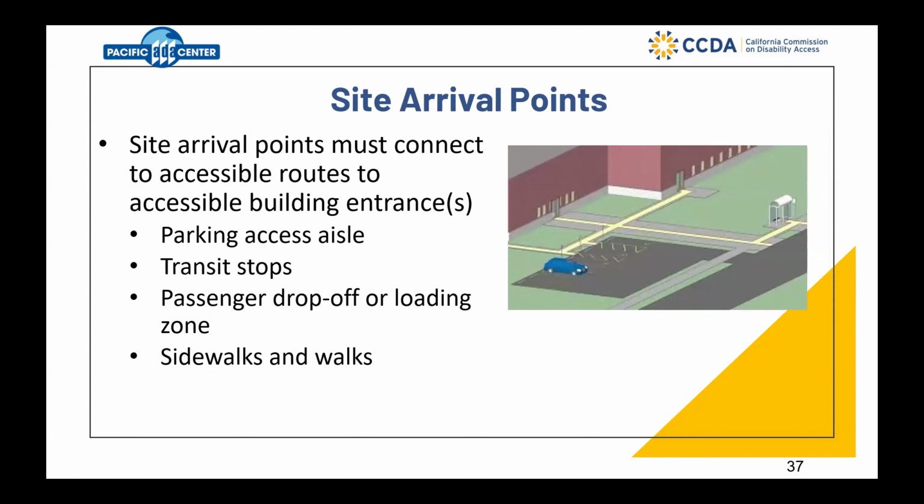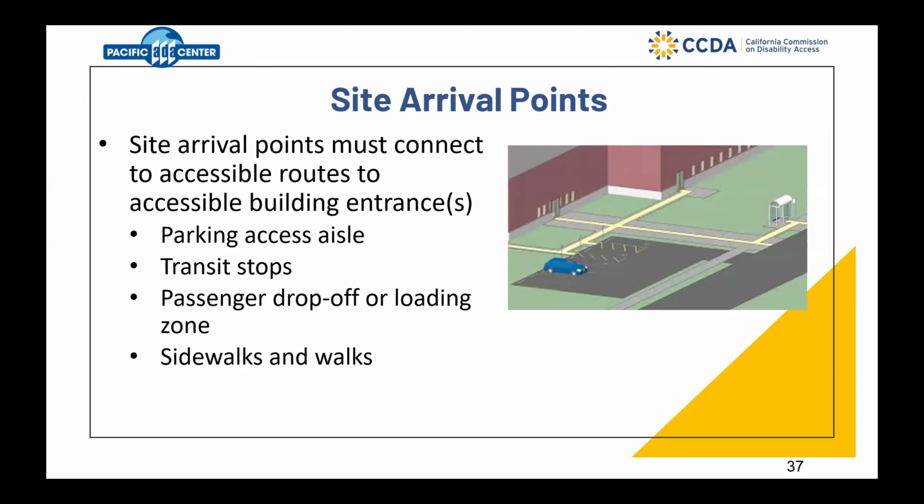Next slide. So your site arrival points are really the ways that you arrive at a site to take advantage of whatever it is, whatever business it might be, or a mall, etc. And so the site arrival points that you have at a particular site have to connect to the accessible building entrances using accessible routes.